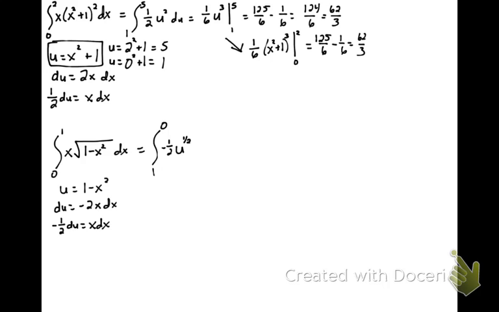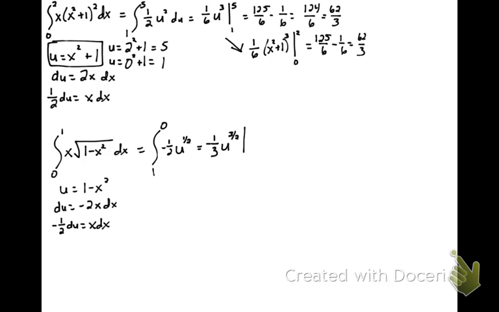So I'll just be evaluating it in this way. U to the 1/2 goes to u to the 3/2, and multiplying by 2/3, this will be, must have been negative 1/3 to begin with.